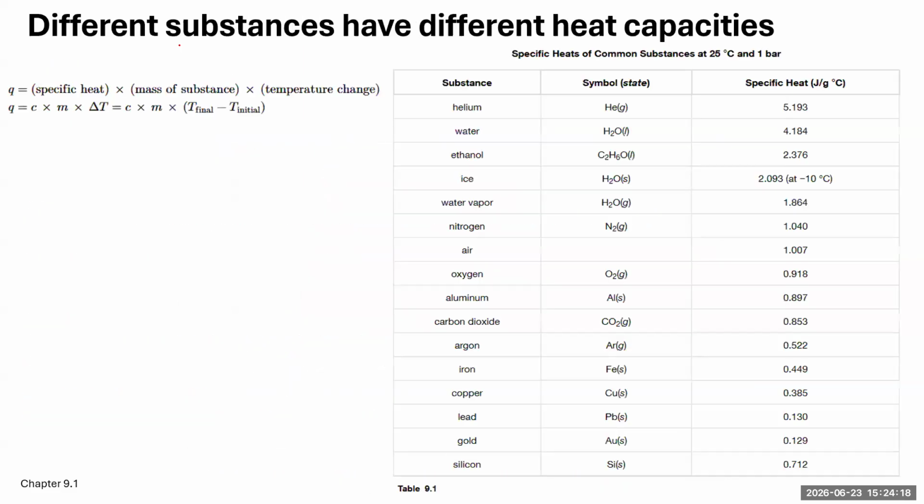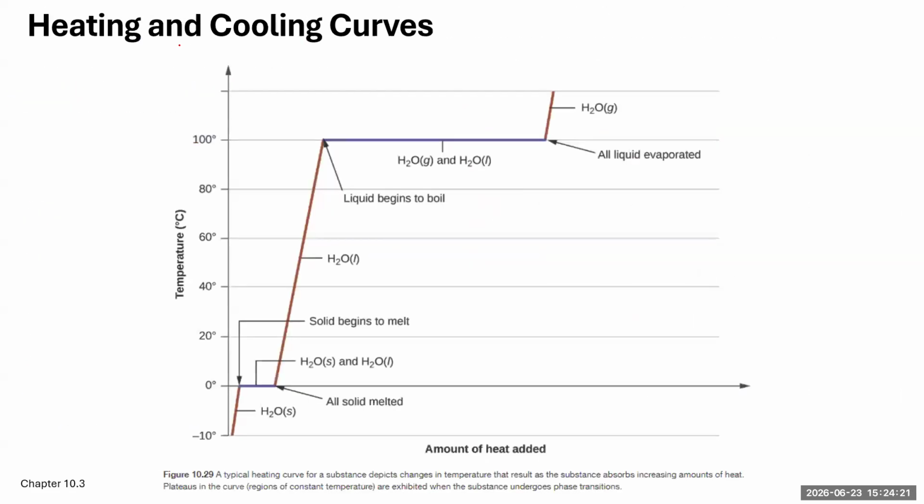Heating and cooling curve. So let's talk a little bit about this. This is another kind of graph or chart. And on here, this is more of a traditional XY chart where this is the amount of heat added.